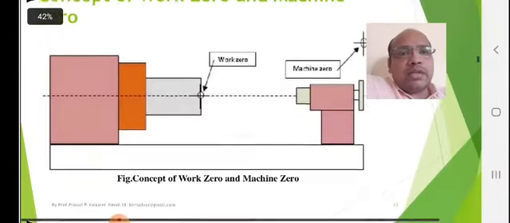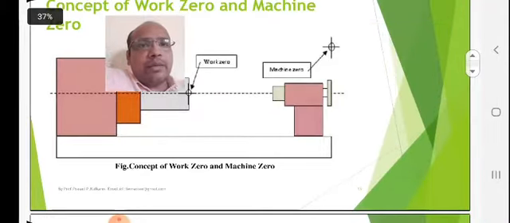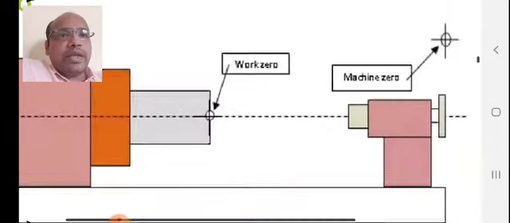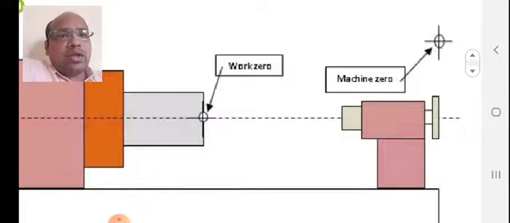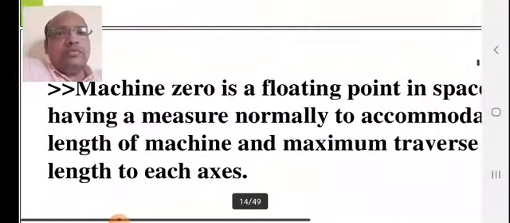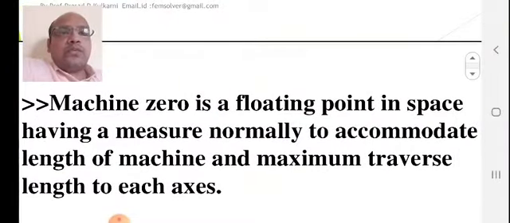Now let us understand what work 0 and machine 0 are. I have shown this diagram zoomed in just to understand the location of work 0 and the location of machine 0. Now you see here, machine 0 is a floating point in space having a measure normally to accommodate the length of the machine and maximum traverse length of each axis.